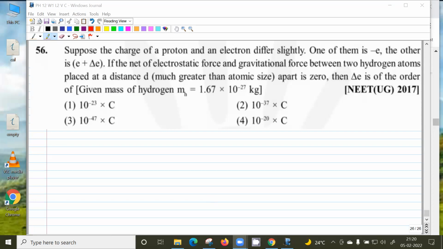Same marks only, sir. They will give 50. Out of 50, we have to write only 45 questions, sir. So 45 into 4 is 180.